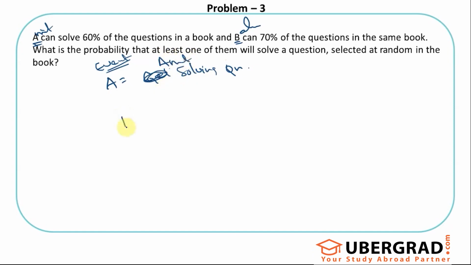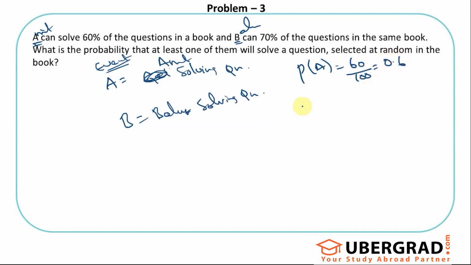Event B is Balu solving the question. If Amit can solve 60% of the questions, he can solve 60 out of 100, so the probability of A is 0.6. Balu can solve 70% of the questions in the same book, so the probability of B is 0.7.